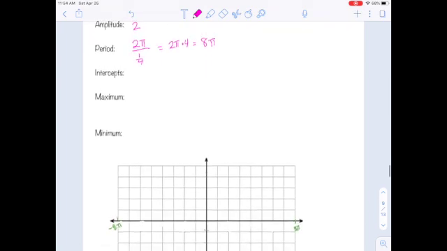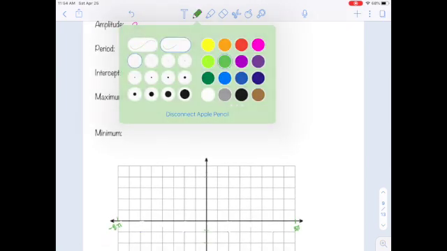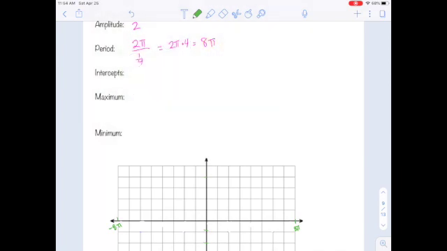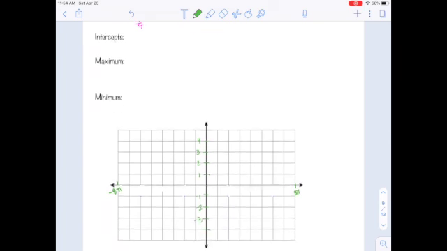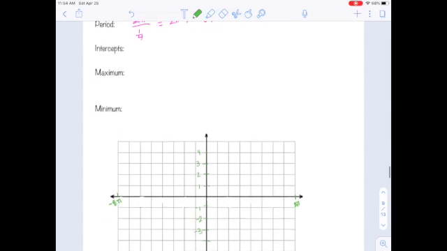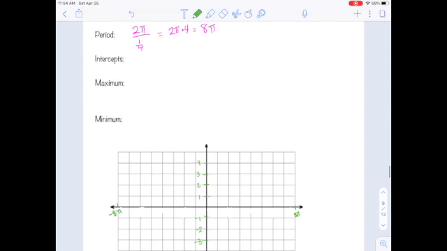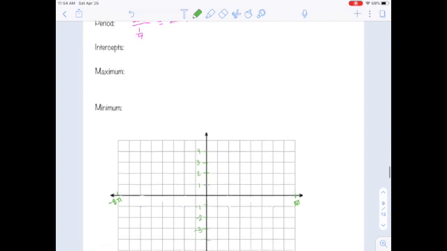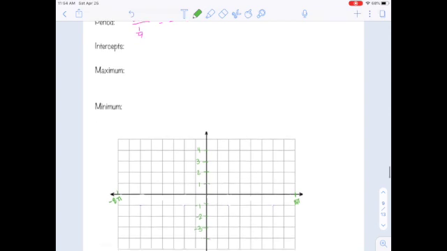All right, so I'm going to label my axes. I've got an amplitude of 2, so I'll go 1, 2, 3, 4, -1, -2, -3, and then I'll label my x-axis according to my period. So I have to get all the way out to 8 pi. From 0 to 8 pi will be 1 period.